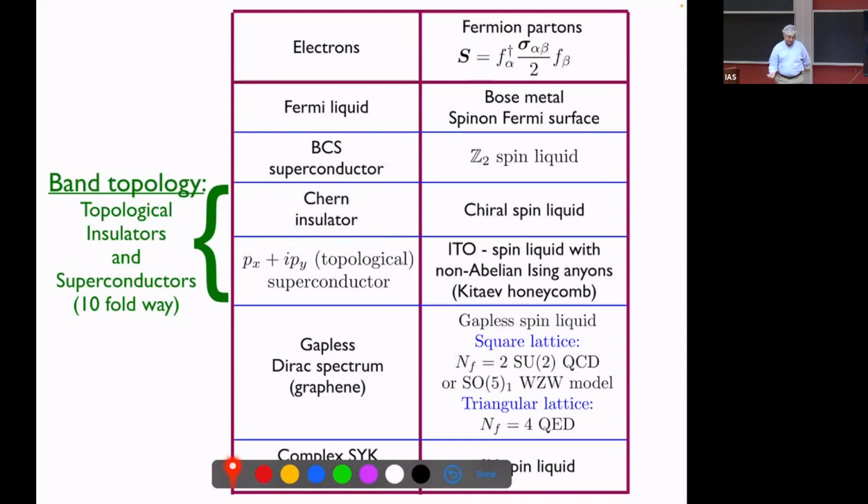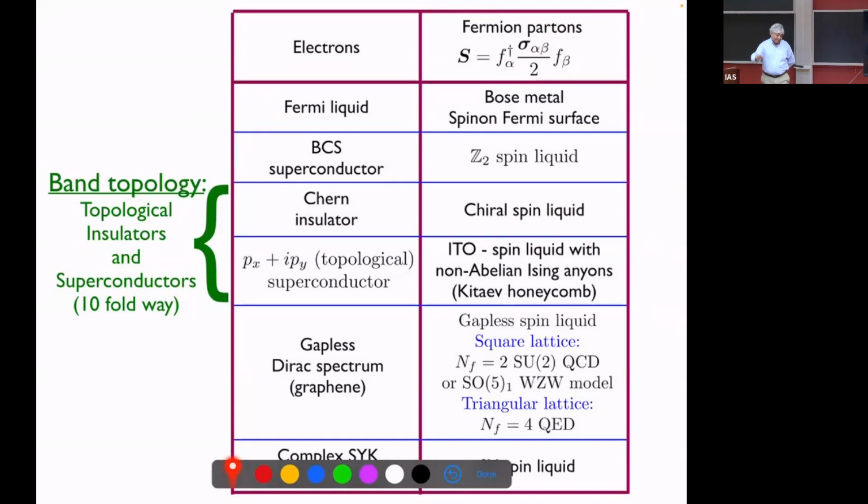Then you get a theory with anyons, because there's a gauge field here. And that's the chiral spin liquid. So that's what I hope to talk about today, but let's see how much time I have. So today, the plan is to do this parton construction, obtain a Chern insulator, and then show that when you gauge it, you get a chiral spin liquid.